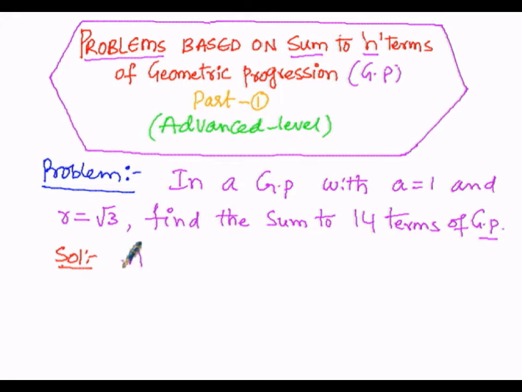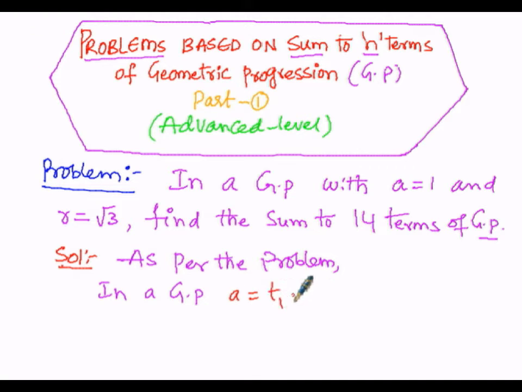As per the problem, in a geometric progression, a, that is the first term of the geometric progression, is given by means of 1, and at the same time r, the common ratio, is given by means of root 3.